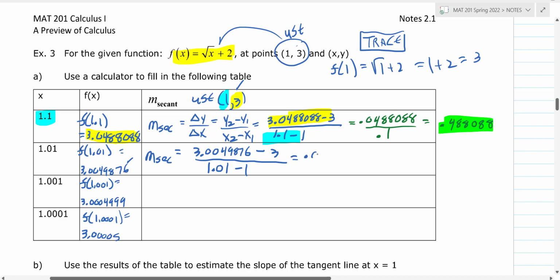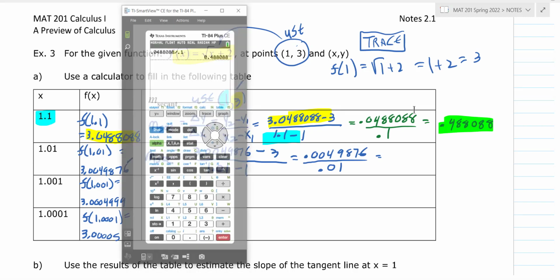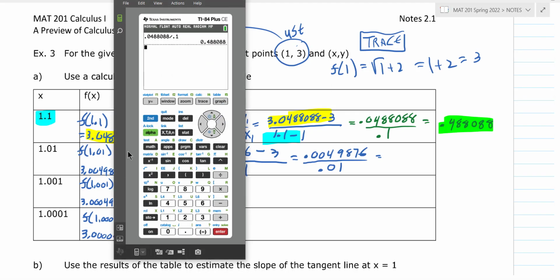So that gives 0.0049876, and then divide by 0.01, like that. And what this is going to do, it's going to move the decimal to the right 2 places on this. So once you kind of catch on to this, you can just do this in your head.